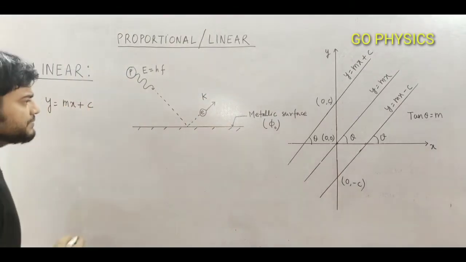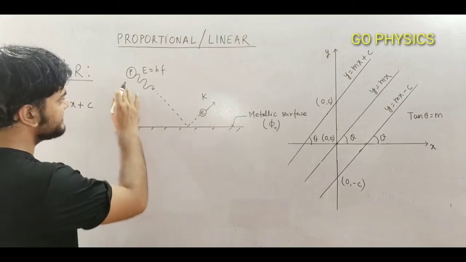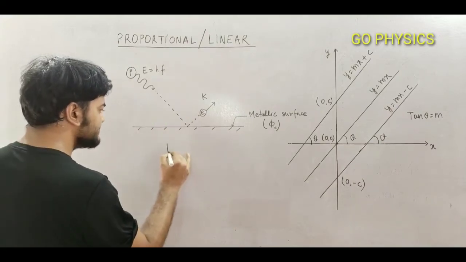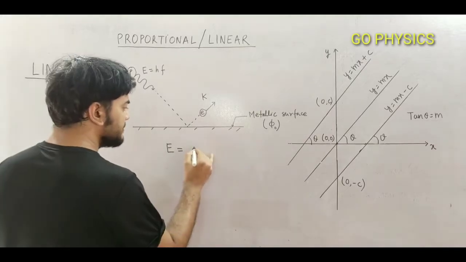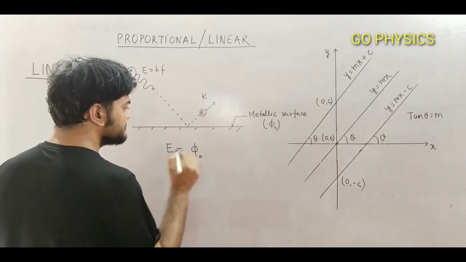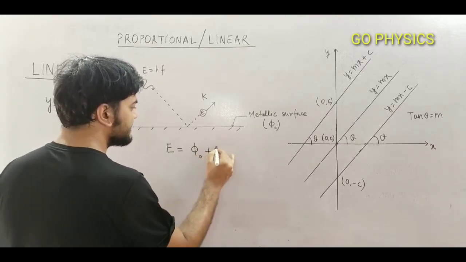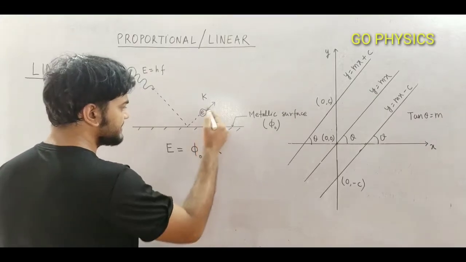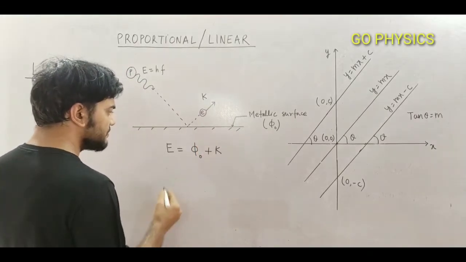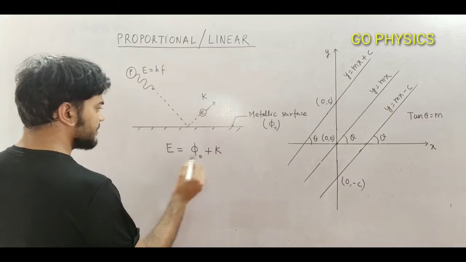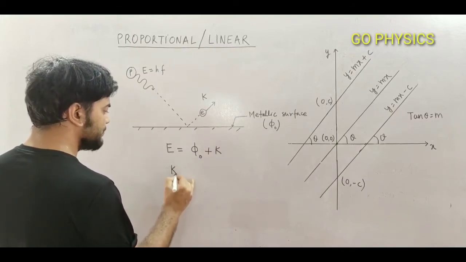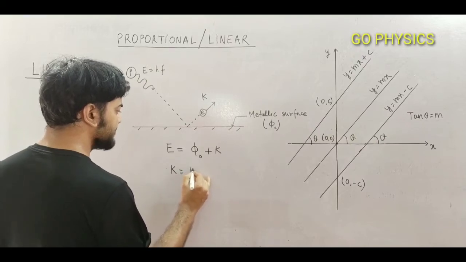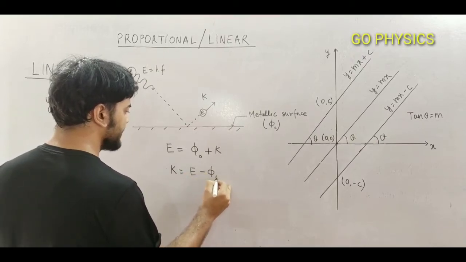So if we apply the energy conservation, then we can see that initial energy, that is energy of photon, is equal to work function of the surface plus kinetic energy of the ejected electron, or k equal to E minus phi naught.